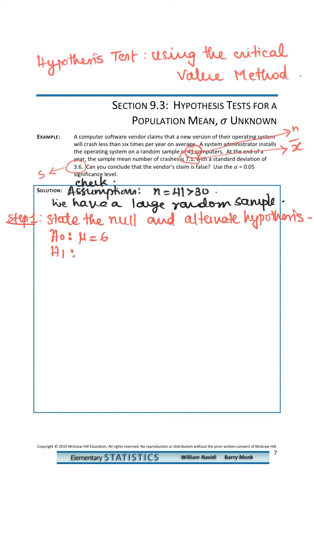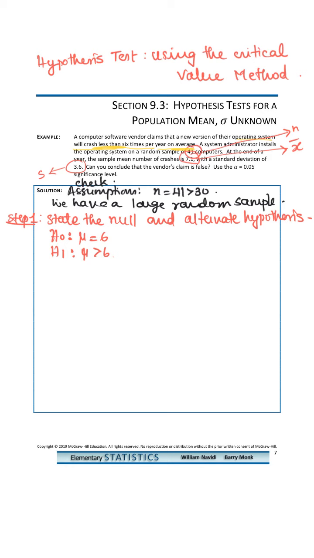Alternate hypothesis is mu greater than 6. We decided the inequality greater than because in the first sentence it says the operating system will crash less than 6 times per year on an average. So we need to prove that it crashes more. Alternate hypothesis will be it crashes more than 6 times. So that is why mu greater than 6.